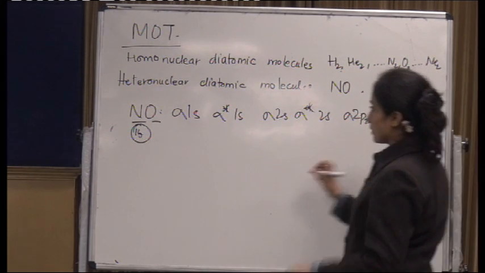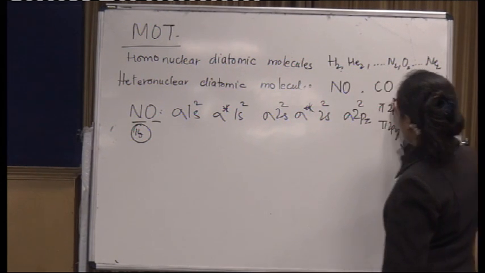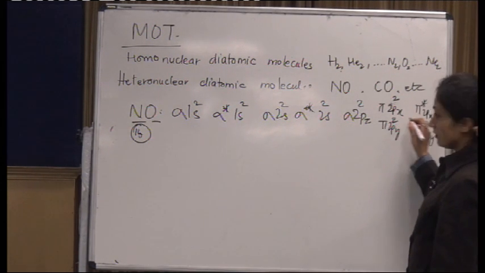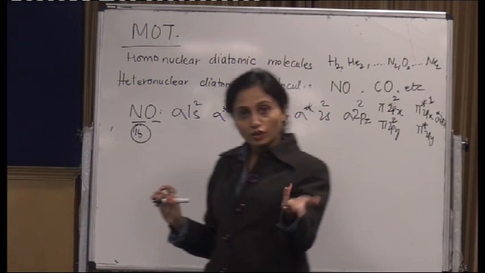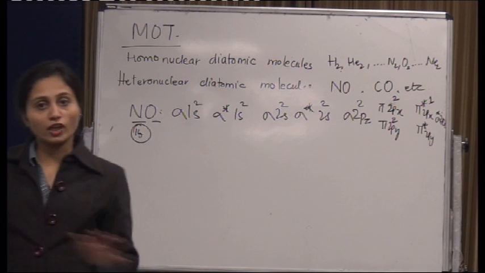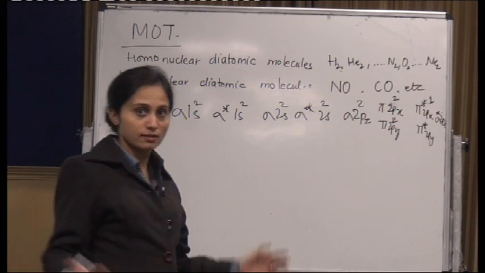So 15 means 2, 4, 6, 8, 10, 12, 14 and 1. So it will come either to x or y. किसी में भी fill करोगे कुछ गलत नहीं है, because both are degenerate at the same energy level, so you can just put it anywhere.